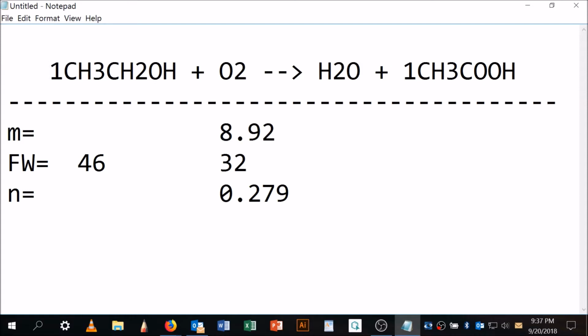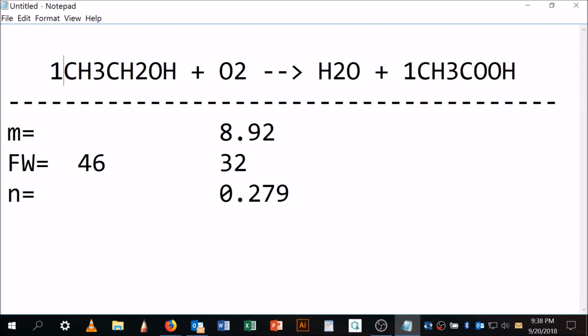Now, how many oxygens do I have here? I've got 1 oxygen here and 2 here, so it's 3 total over here. And it looks like 3 total over here. Wow, so far so good. So now what about hydrogens? I've got 6 here and 1, 2, 3, 4, 5, 6 here.